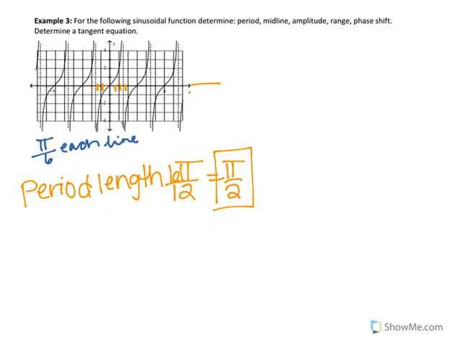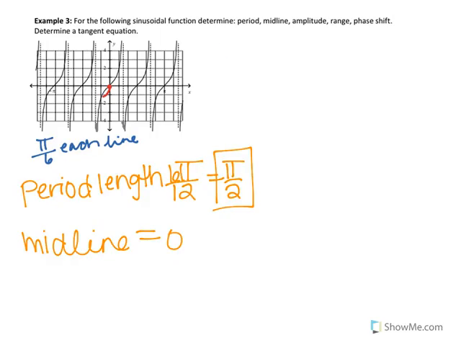Our midline is still the midline, so it's 0. A phase shift, we would notice a phase shift if this intercept was anywhere besides at 0. So we can make an equation to figure out where our x-intercepts are going to be.